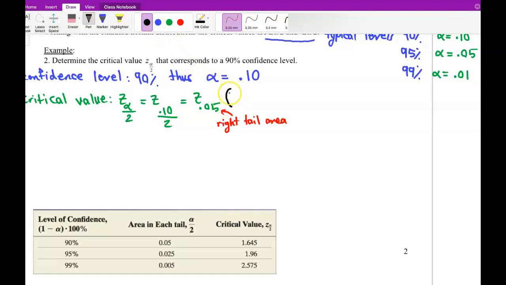Okay, so adding notes on this bar, the z-score that corresponds to 0.05 area to the right. So this is what that means.